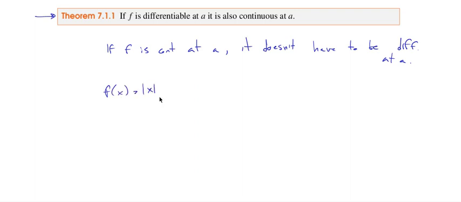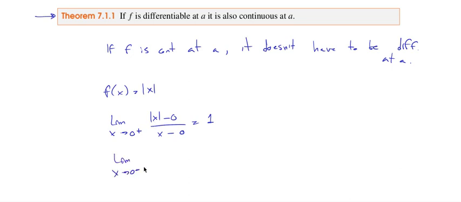Okay, typical example for this is the absolute value. The absolute value is continuous in R, but it is not differentiable at 0. If we compute the limit when x goes to 0 from the right of this, absolute value of x minus 0 over x minus 0, well, from the right this is 1, because this is x when x is positive.